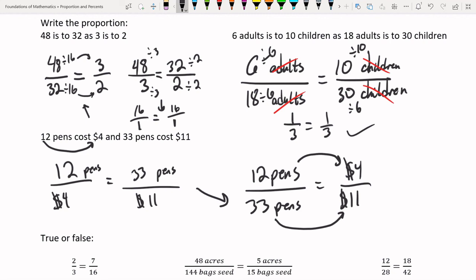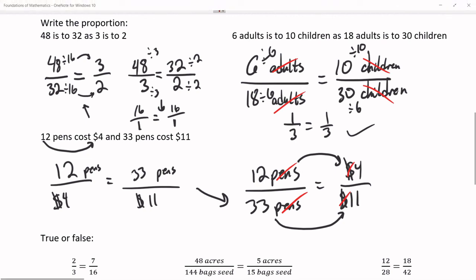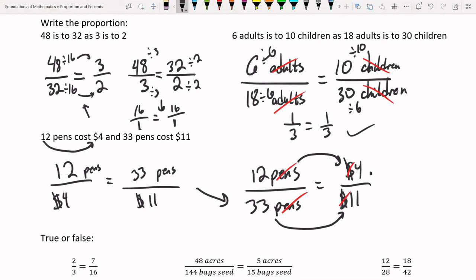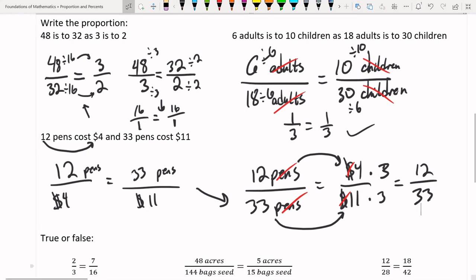And I can show you that they are the same thing altogether by, let me just cancel those dollars here, taking the dollar amount here, the 4 over 11, and multiplying by 3. 4 times 3 is 12. 11 times 3 is 33. And 12 over 33 equals 12 over 33. So we have a true proportion there. Okay, let's move on to true or false.